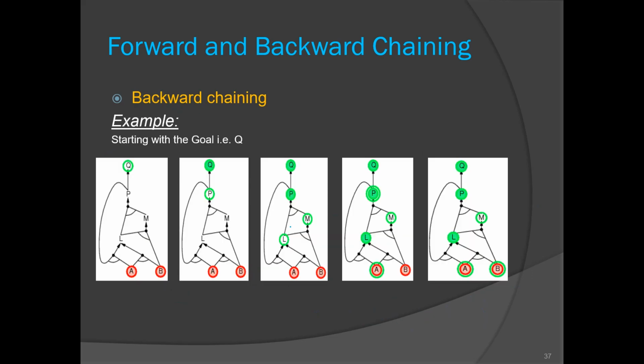Let me explain through this example. Same example. Known facts are represented by red circles. We are starting with Q. We have visited Q, that's why it is shown with a filled circle. Now it is present in this implication, P implies Q. Let us find all the implications where we have P as the conclusion.